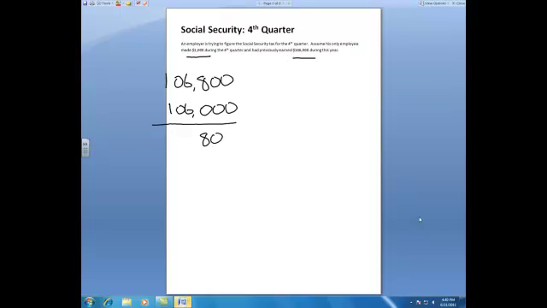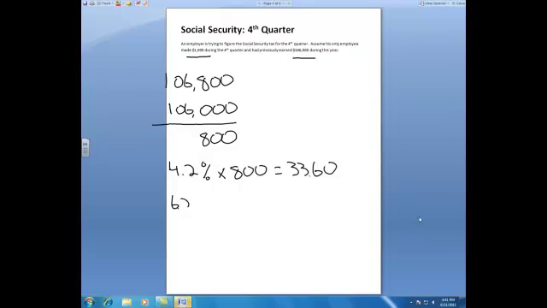If you take the difference between those two numbers, you're going to end up with $800, which is the correct way of doing this. So then you take 4.2%, which is the amount that is withheld from the employee's paycheck, multiply it by the $800 that we calculated above, and you end up with $33.60.